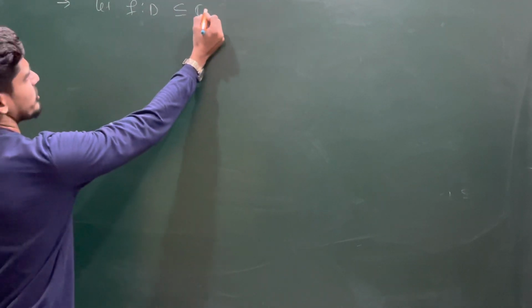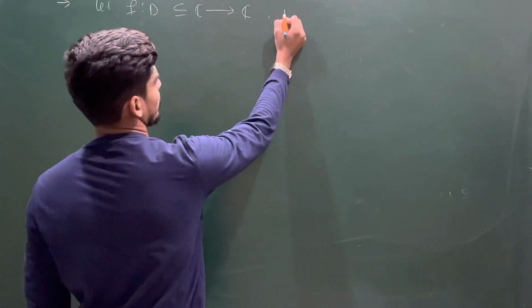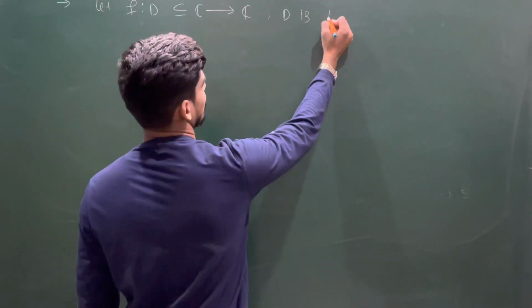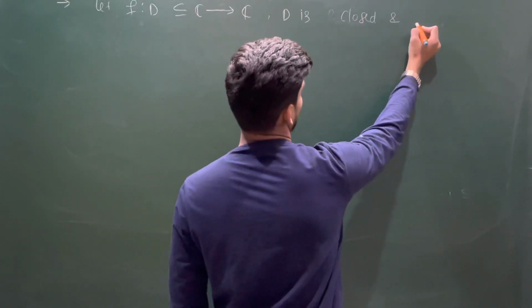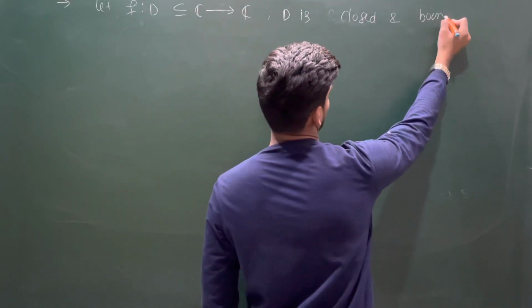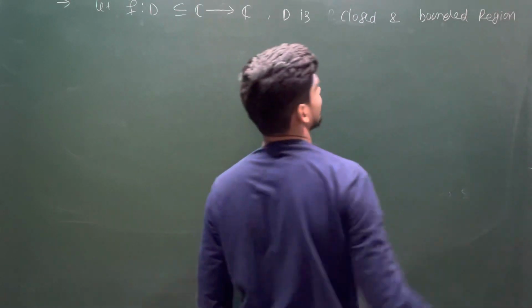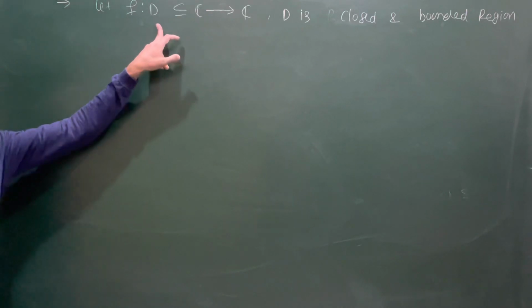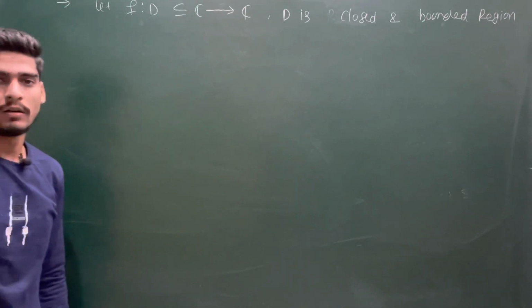Let f be a function from D to C and assume your D is a closed and bounded region. So if it is a closed and bounded region, that means it is a compact set.